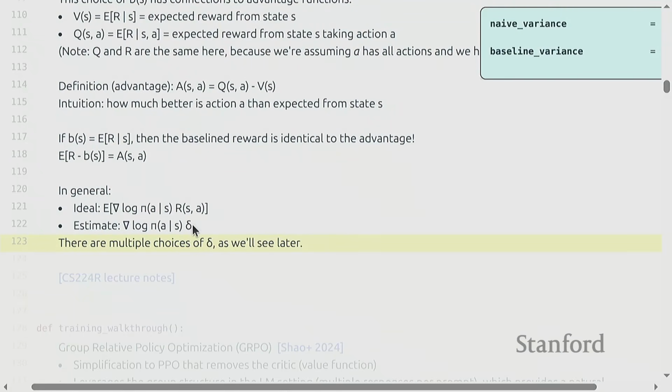Okay, so all the algorithms you see, PPO, GRPO, have this sort of form where you roll out and get an action, and now the question is, how much do you want to move towards that action? And it's going to depend on the reward. You can put the reward here, then that's naive policy gradient.